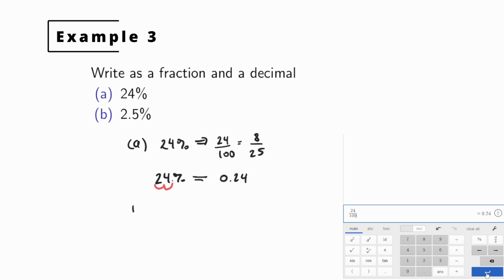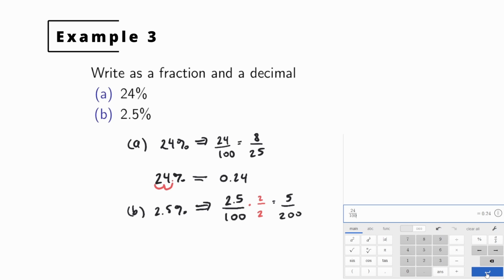Okay. Now for B, if we want to write 2.5%, you might say, okay, well, we do the same thing, just divide it by 100 to write it as a fraction. But when we have a fraction, right, we don't want to have a decimal, something that's not an integer, in the numerator or denominator. So since it's 2.5, if I multiply this by, say, 2 over 2, then you would get 5 over 200.